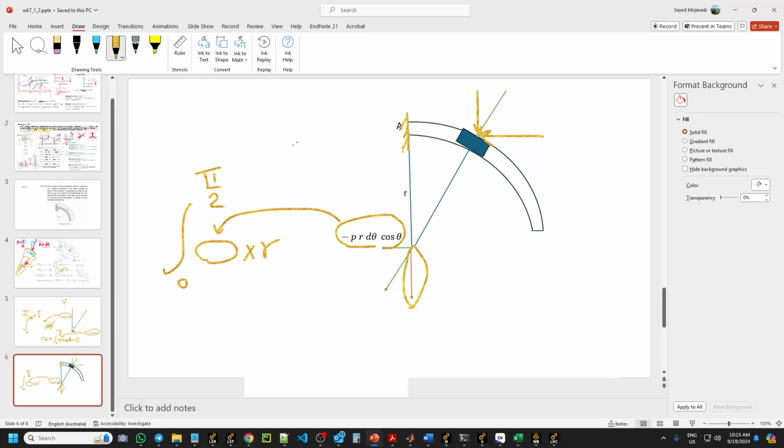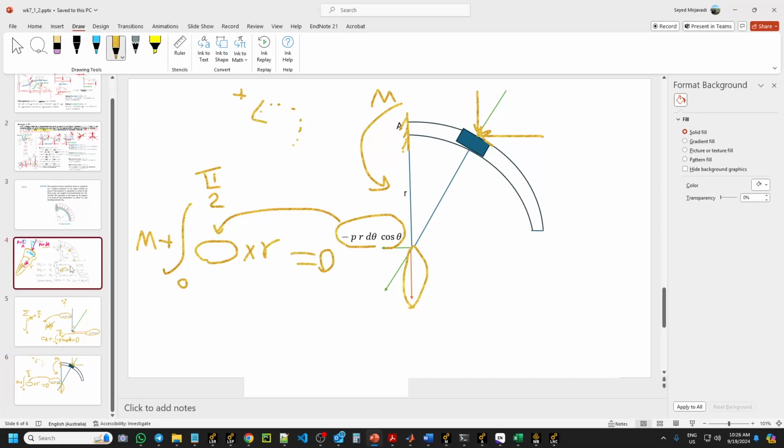As I said, it's always better to put the positive direction counterclockwise. Because of this, I assume that the reaction moment is acting counterclockwise. M plus this equals 0.